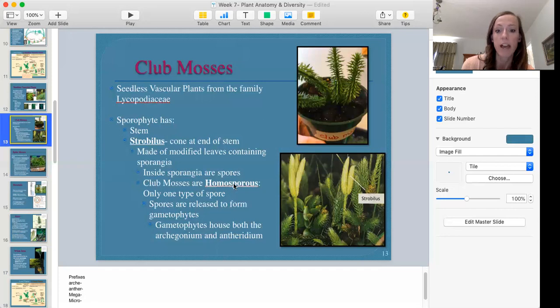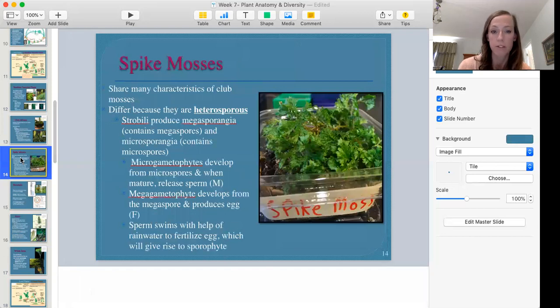Similarly, if you have a heterosporous plant, then mega is going to tell you that it's the female structure, so megaspore, and micro is going to tell you that it's the male structure. Okay. So pay attention to those prefixes. For club mosses, they're homosporous, so there's only one type, so you don't need to worry about that yet until we get to spike mosses, okay?